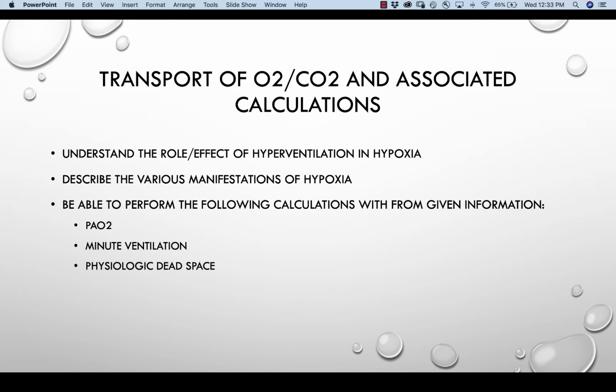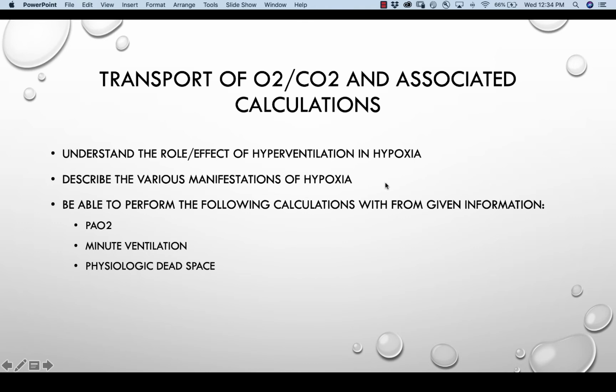So ventilation does play a pretty significant role in developing hypoxia or managing hypoxia as an extra measure. So understand those concepts and how our ventilatory status or our ventilatory drive can affect our oxygen consumption and oxygenation.